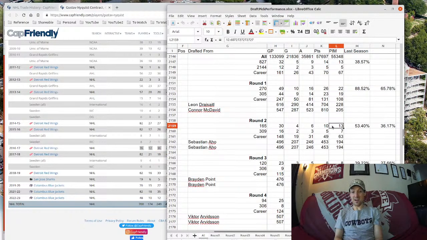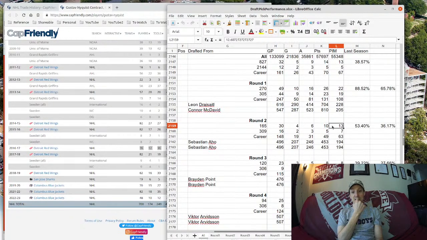I mean, you could argue that he's worth a second round pick in a trade. So that's a massive underspend in terms of the cost in the trade to get him.